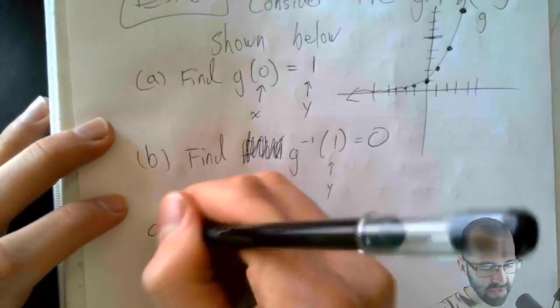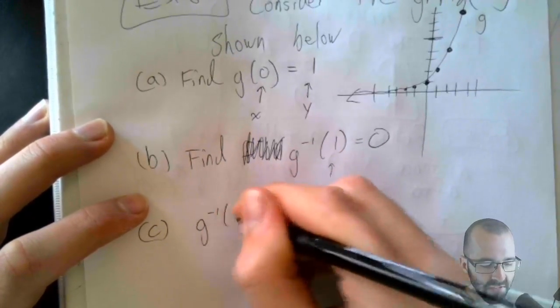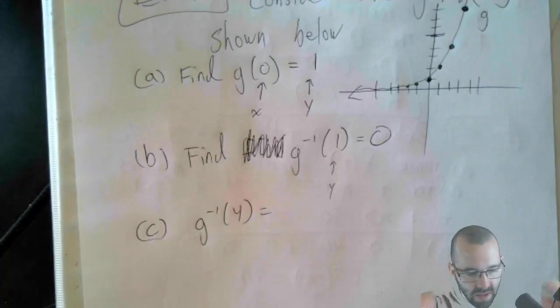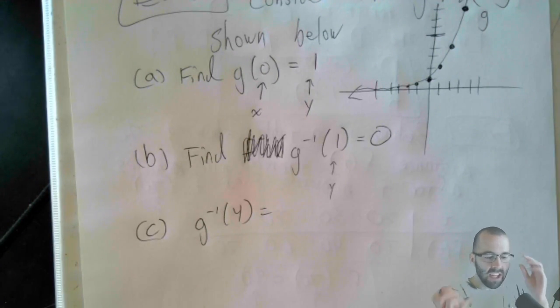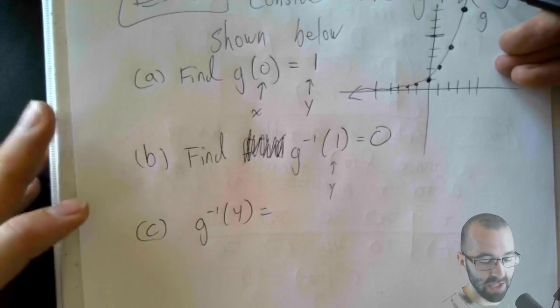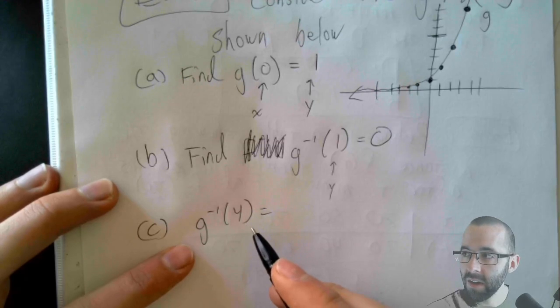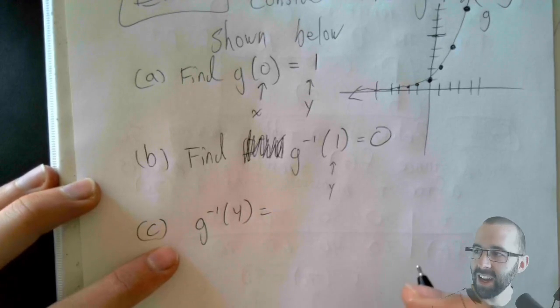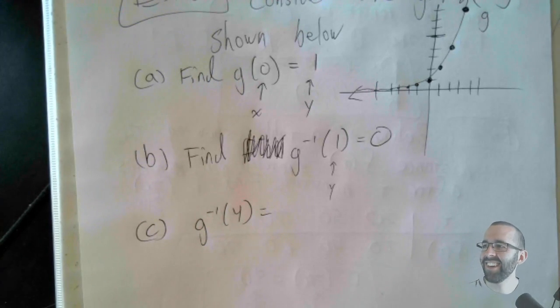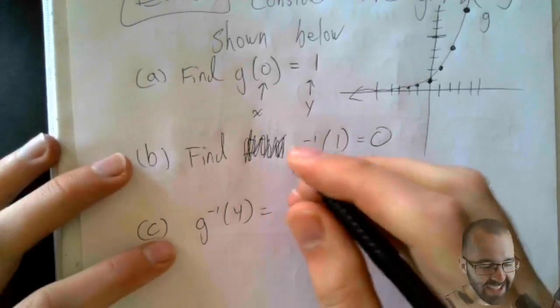Okay, so let's do a harder one. What about g inverse of 4? So again, to find g of 4, you would find the x, 4, and then find the y, which is way too big. But this is asking what is g inverse of 4? Any ideas?